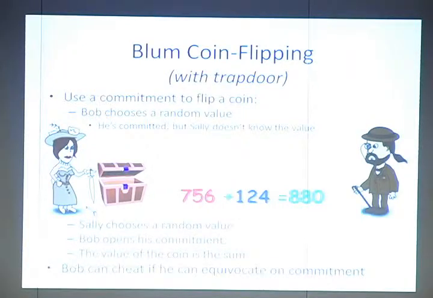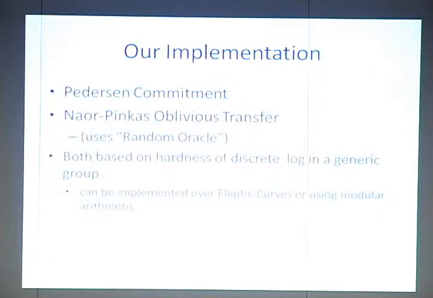But the point is that if Bob had this trapdoor key to the chest, so instead of being forced to commit to a value, he could change the value, then he could equivocate. He could open it to a different value. So then after seeing that Sally's value was 124, he could change his value to get whatever final coin result he wants. And this is basically what we do for trapdoor coin flipping.